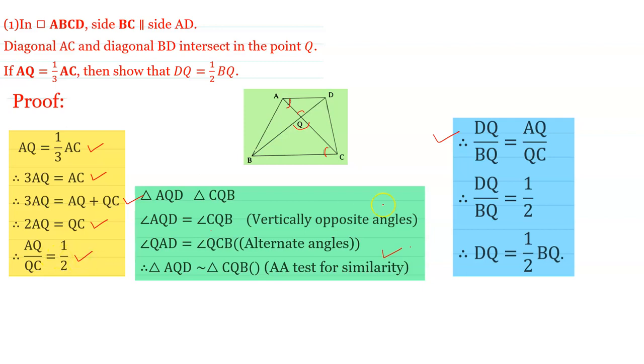AQ upon QC is equal to 1 upon 2. हे आपण find out केलेलं आहे. ही व्हॅल्यू आपण तिथे सबस्टिट्यूट करणार. Therefore, DQ upon BQ is equal to 1 upon 2, and if we simplify, इथे multiplication करणार. Therefore, DQ is equal to 1 upon 2 BQ, and in this way, it is proved.